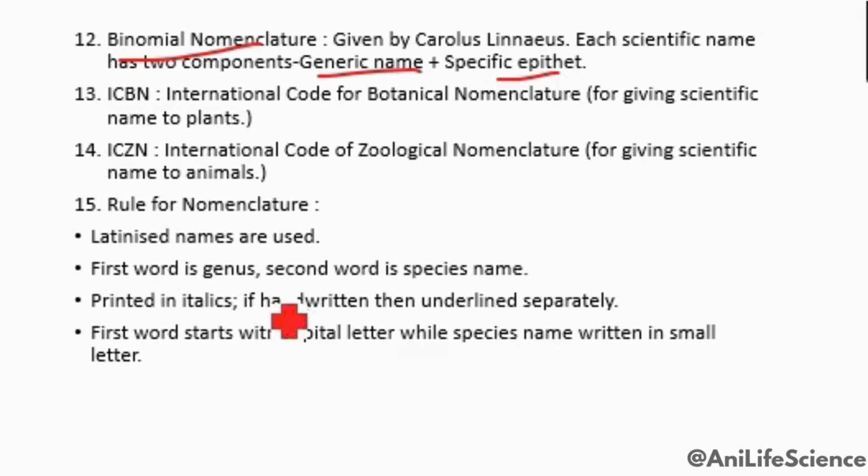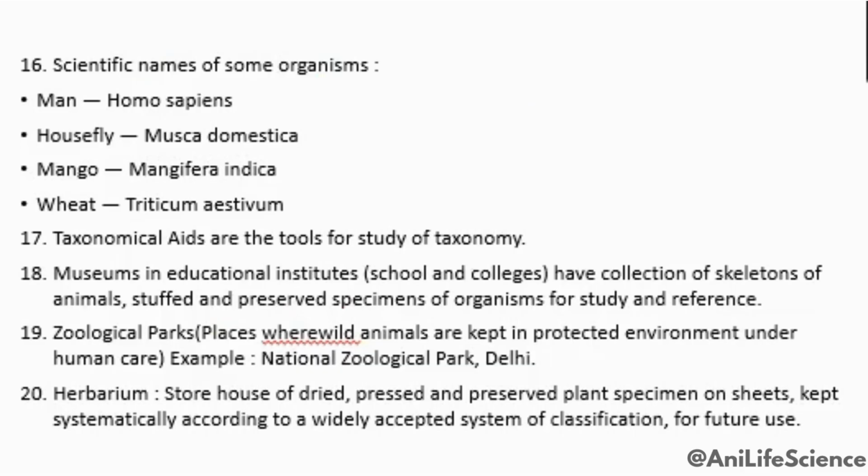The names are italicized when printed and underlined when handwritten. For example, humans are called Homo sapiens and mangoes are Mangifera indica.